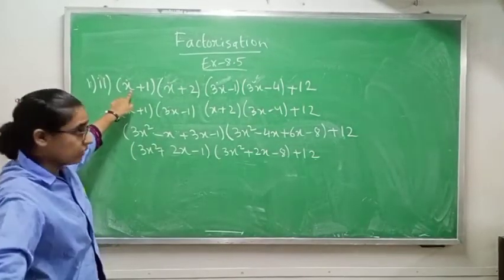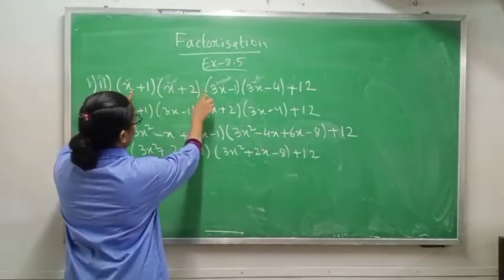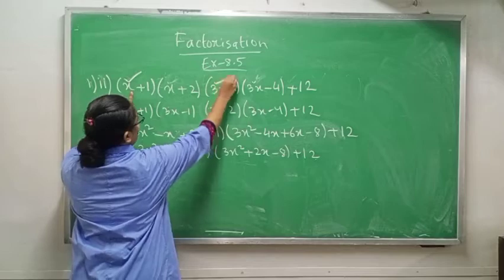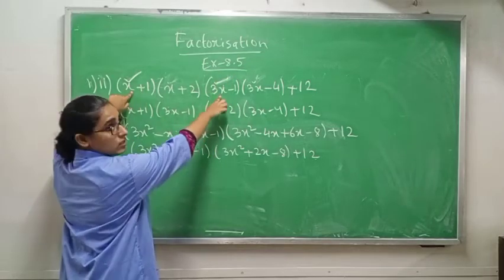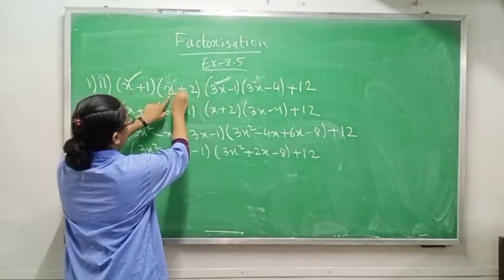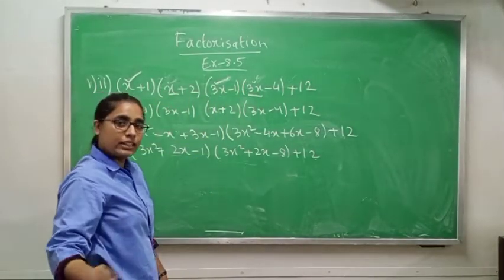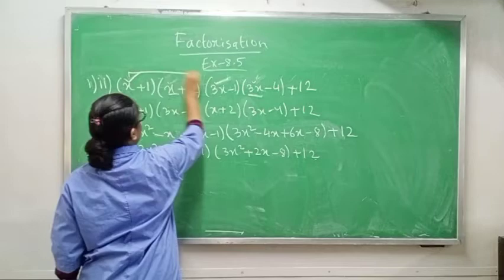Now first and third. If I multiply first with third, x into 3x is 3x square, and second and fourth, x into 3x is 3x square. When we multiply these we get 3x square, and the same when we multiply these.